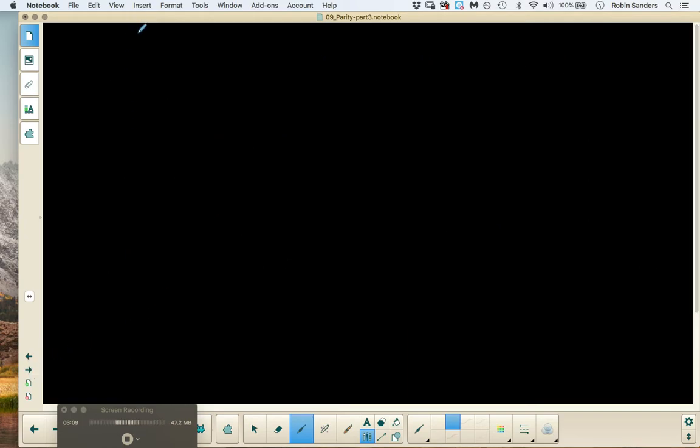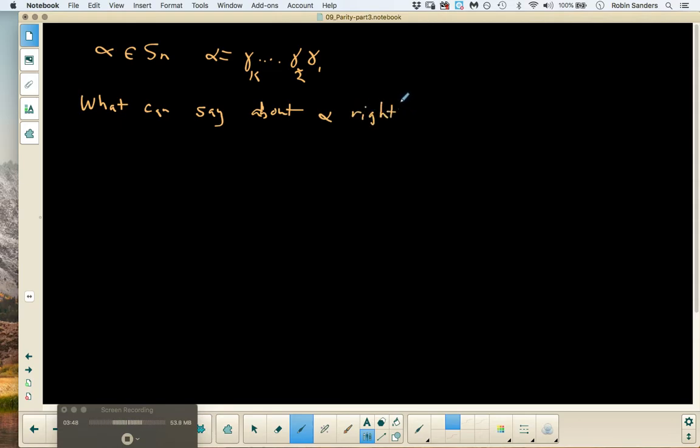So our starting point is that alpha is just anything inside Sn, and we know that alpha can be written as gamma 1, gamma 2, all the way up to gamma k. Now I'm actually going to ask a different question first: what can we actually say about alpha right now in terms of its inversion number?